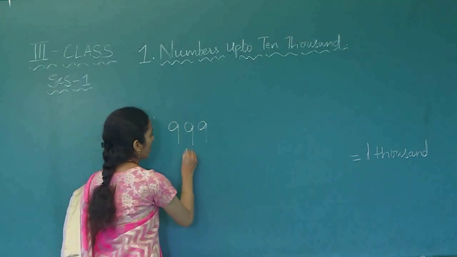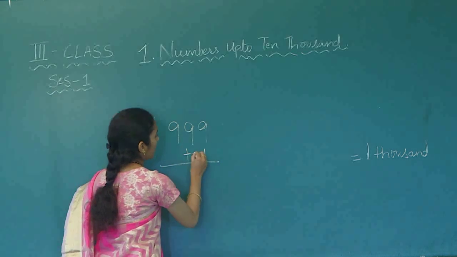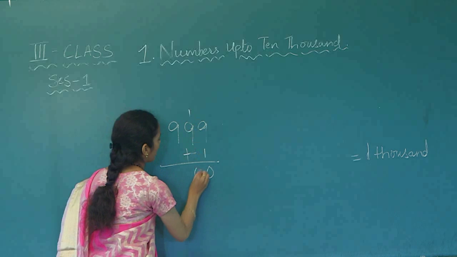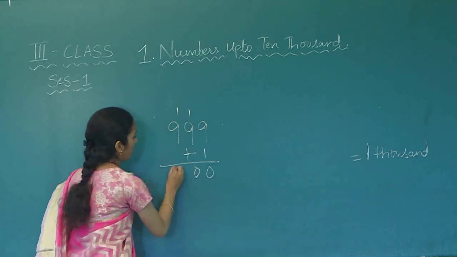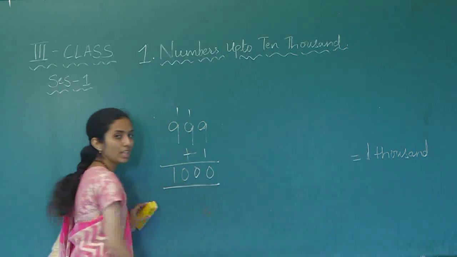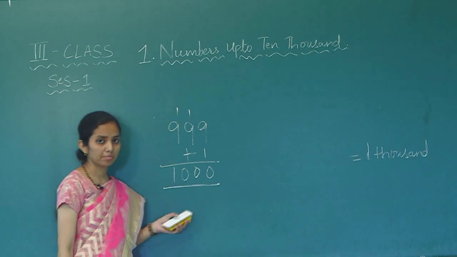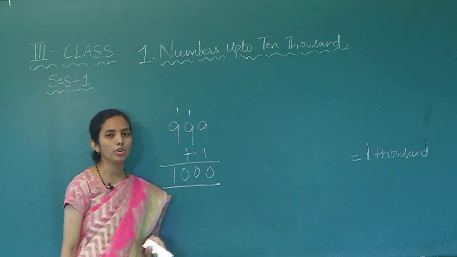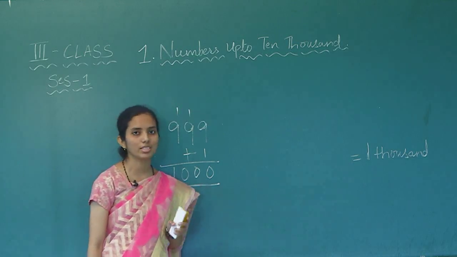If we add 1 here, it becomes 9 plus 1 is 10, 0, and here 0, and here also 9 plus 1 is 10. So in this manner we get 1000. If we want to get any new number, we have to add 1 to the existing number.